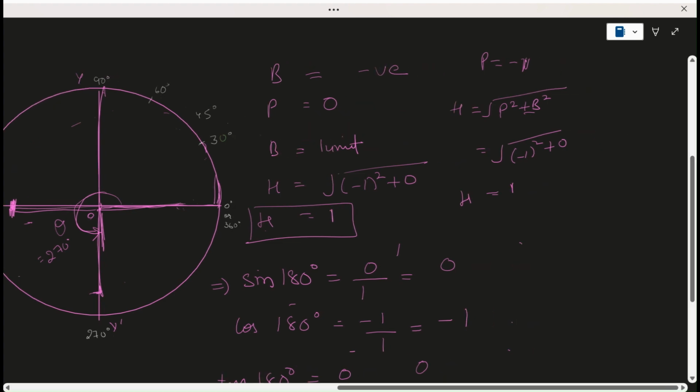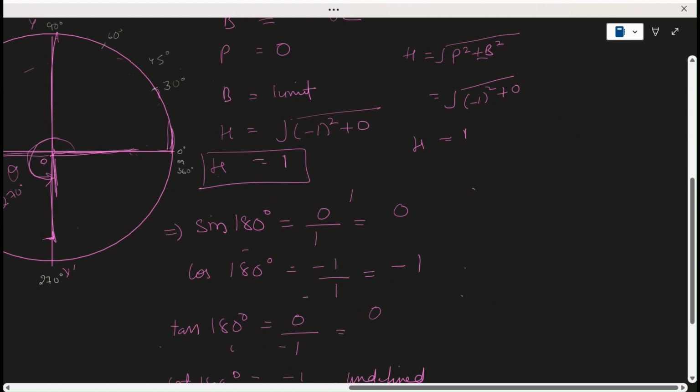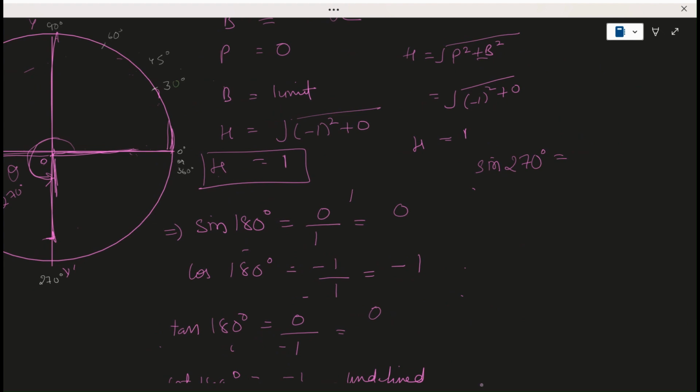So what will be the values? Sine 270 degree is perpendicular upon hypotenuse, that means minus 1 over 1, that will be minus 1. Cos 270 degree is 0 over 1, that will be 0. Tan 270 degree is perpendicular minus 1 upon base 0, so that value is undefined.